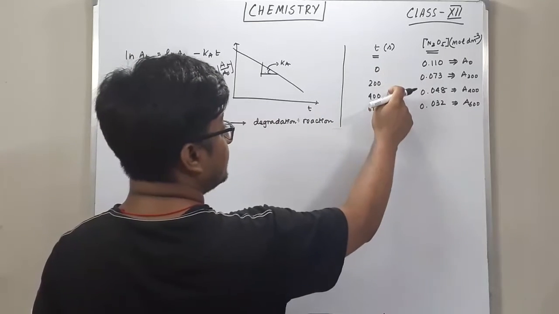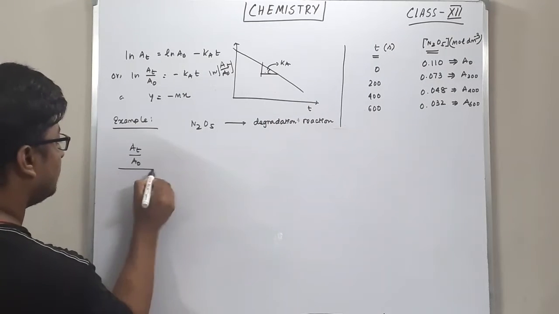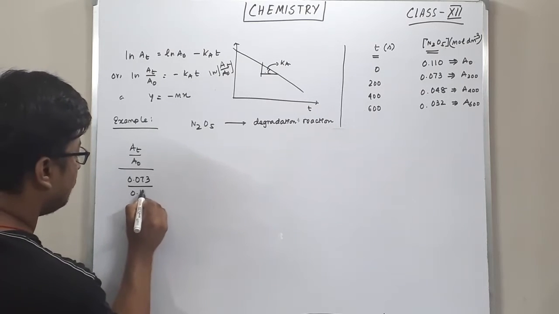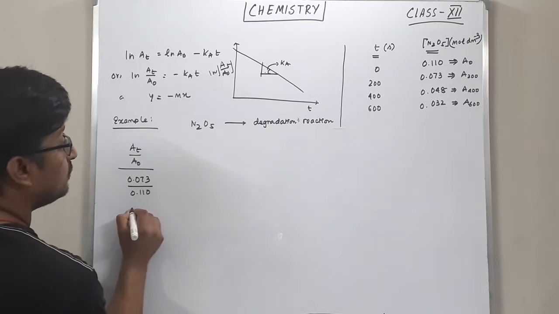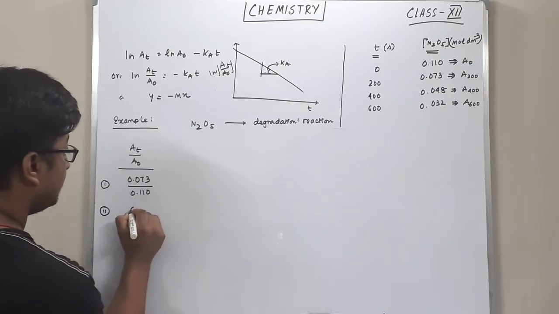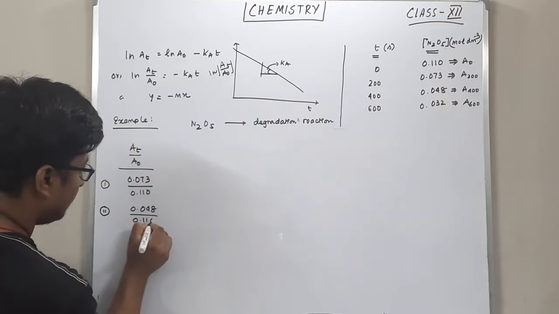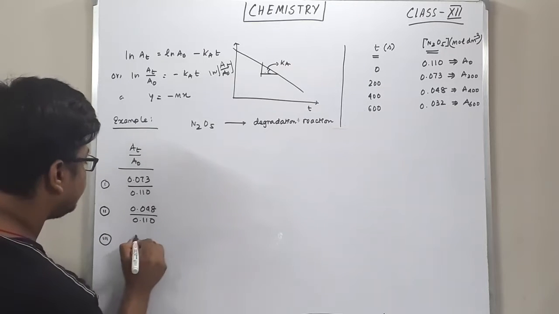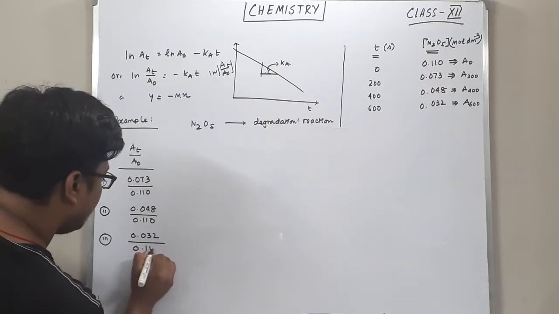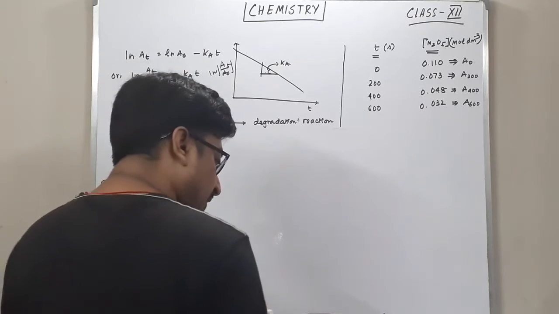The first point is 0.073 divided by 0.110. The second point is 0.048 divided by 0.110. And the third point is 0.032 divided by 0.110.